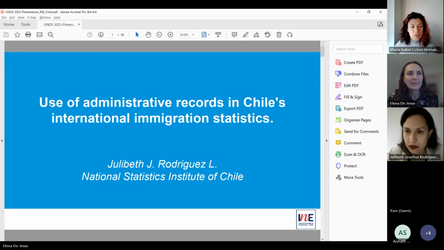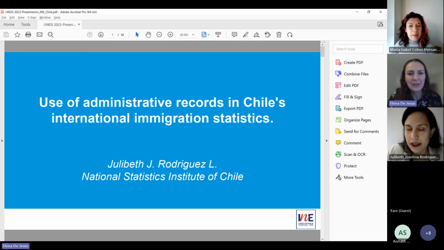I don't know if I'm not seeing it or it's not moving. No, it's not moving, Julie. Maybe you can go in view and full screen, and then you can pass slides just like PowerPoint. Unfortunately, I am in full screen. Maybe I'll exit full screen. You see it full screen, but we don't. Do you see the second slide now?